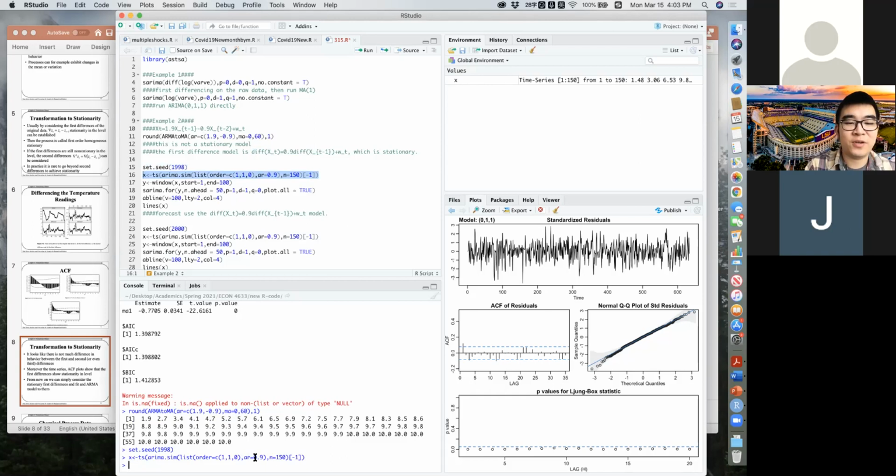And the coefficient for the AR part is 0.9. And we generate this time series data with 150 observations.